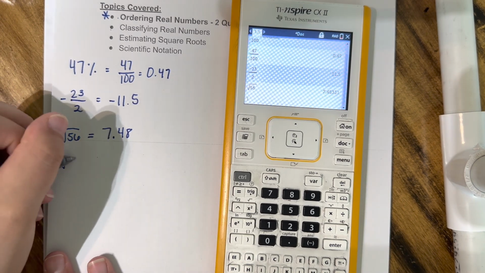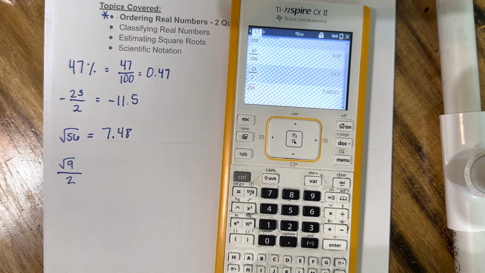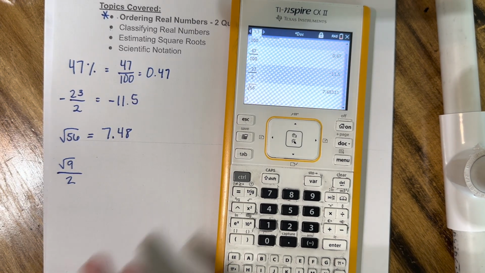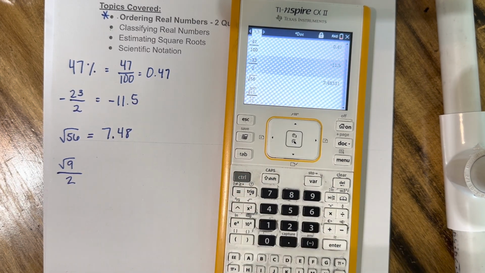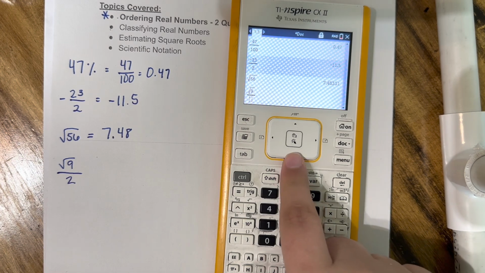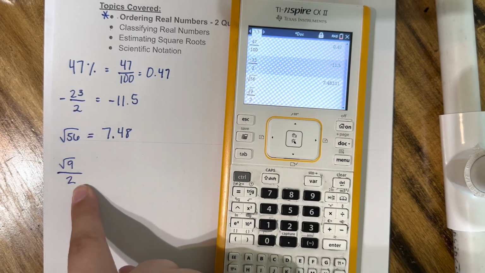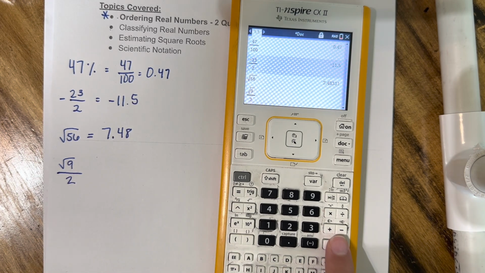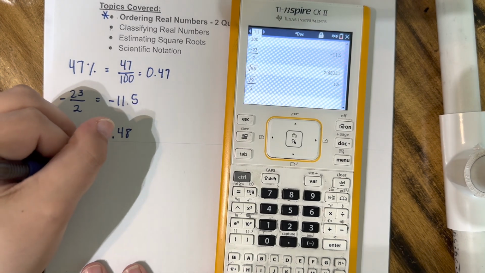Now, what if I have a fraction that has a square root on top? How would I do that? Well, I make a fraction. I put the square root symbol on the top, not the whole thing, just the top. And now that looks like this. I'm going to do control enter, and I get 1.5.